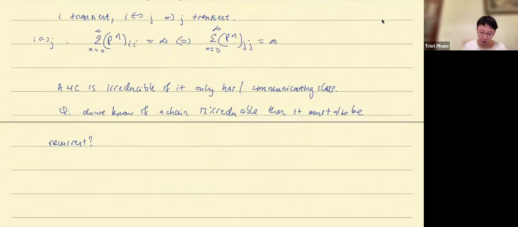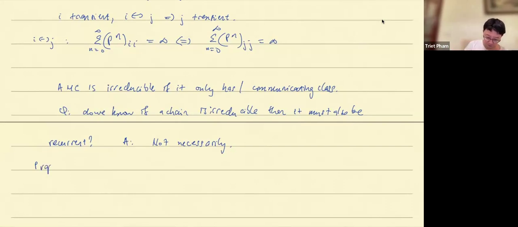So the answer is no, that's not true. But you need something a little bit more sophisticated. So let us write down the proposition first. The answer is: not necessarily. Meaning you can have a Markov chain with one class, so it's irreducible, but it can be transient.